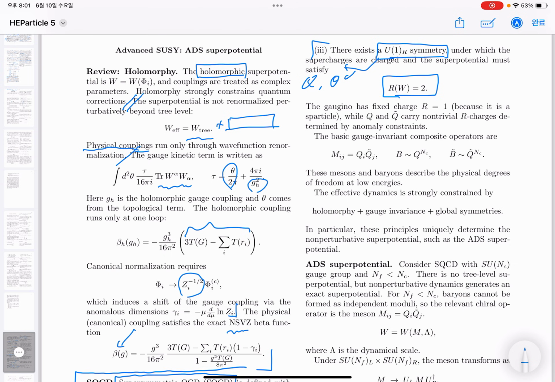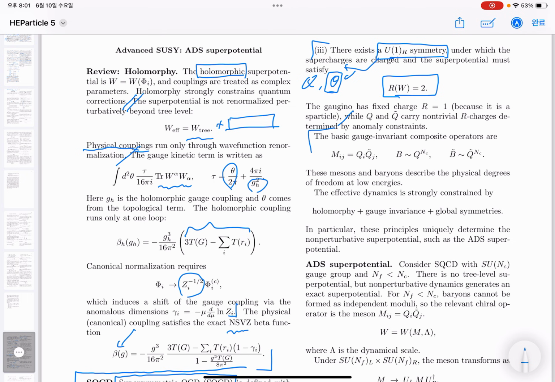So if we consider the action with the integration over the Grassmann variables, then this gives the R charge for the superpotential. Then the gaugino has a fixed R charge equal to 1 because it is a fermion. But the matter fields and its antimatter fields carry non-trivial R charges, which are determined by the anomaly constraint.